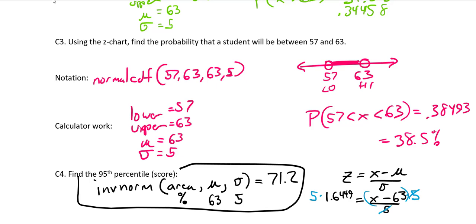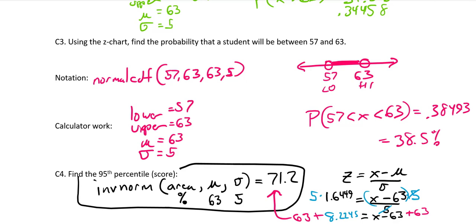Then 5 times 1.6449 becomes 8.2245, and I'm going to set that equal to x minus 63. And if you're wondering why I added 63, we've got to get the x by itself. So if I add the 63 to both sides, 63 plus 8.2245 is 71.2.